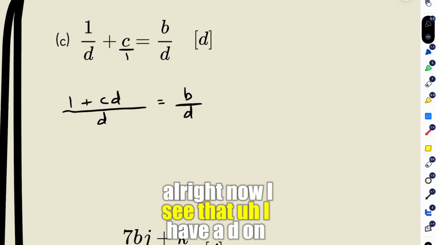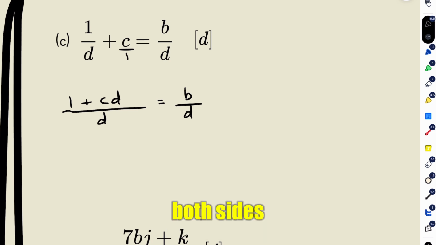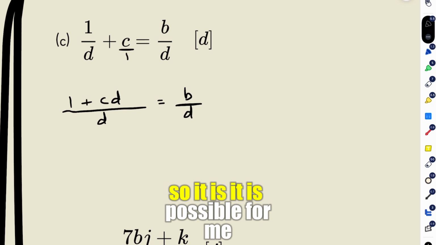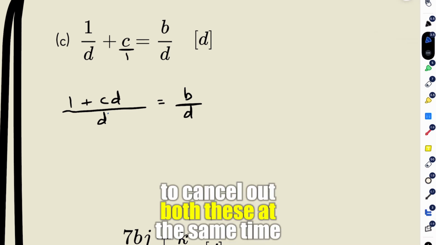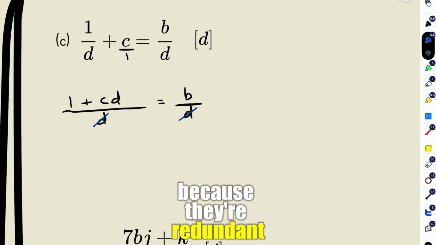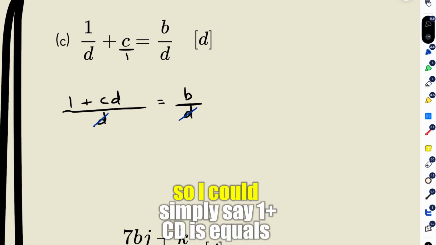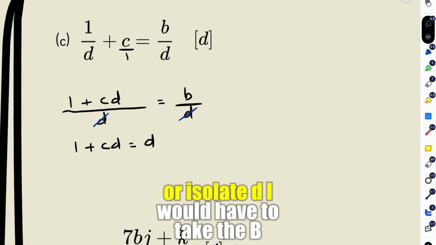Now, I see that I have D on both sides. So it is possible for me to cancel out both D's at the same time because they're redundant. They're of no more use to us.